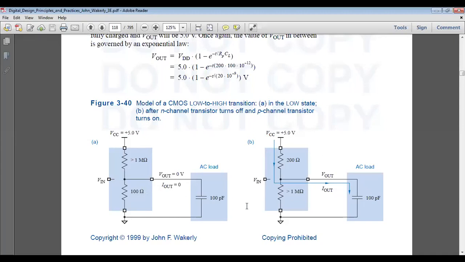But when the output is changing from low to high, the PMOS will be on and the NMOS transistor will be off. When the PMOS transistor is on, the stray capacitance is charging through the on resistance of the PMOS and through the load capacitance C_L. So see this diagram.